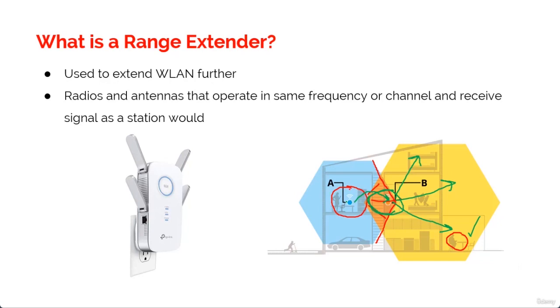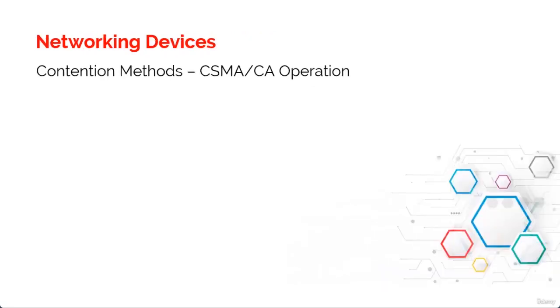For example, as you can see on the screen here, I'll just mark it. Yeah, so you can see here, this person is using the internet network, but this guy wants to use the network, but the range of this access point is only until here. It does not extend further. The range is blocked here. So what to do?